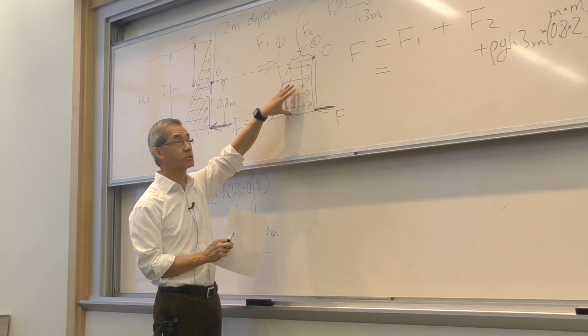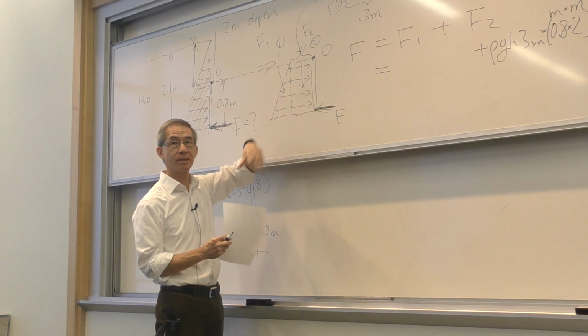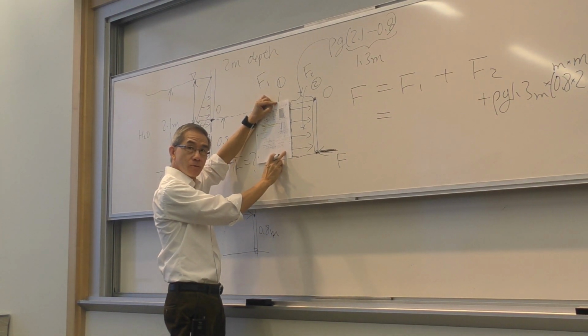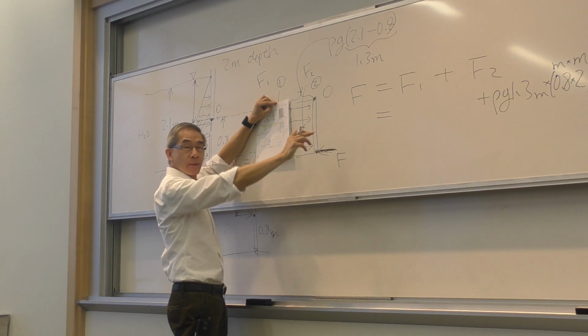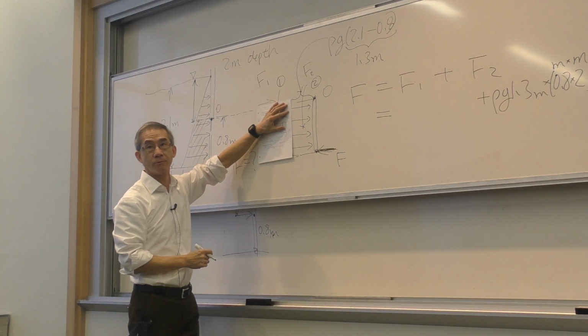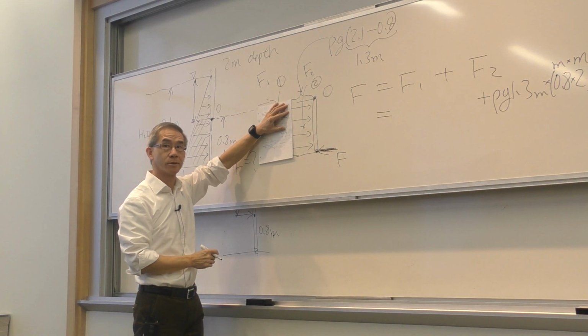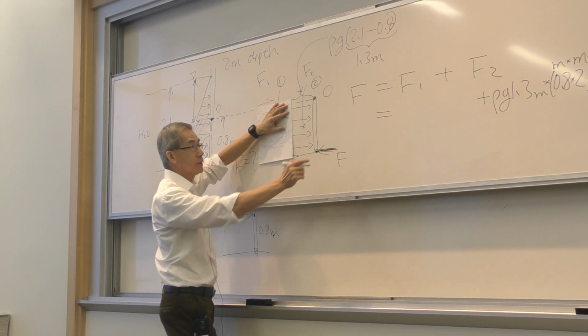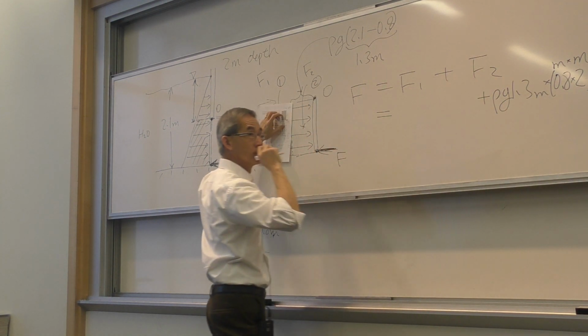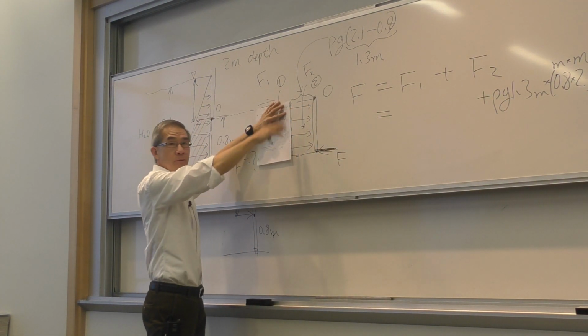I'm using superposition to deal with one piece at a time. Use this first, which is what I'm doing right now. For this uniform pressure, what is the resultant force? It will be an area times a pressure of rho g h of this uniform distribution.